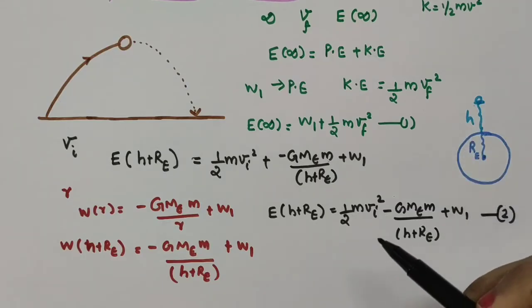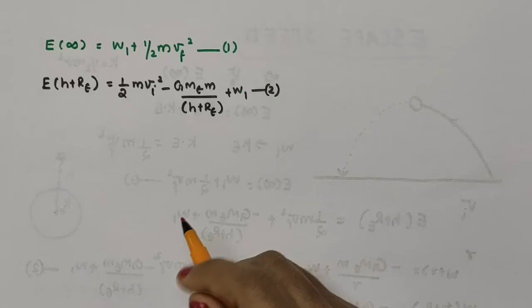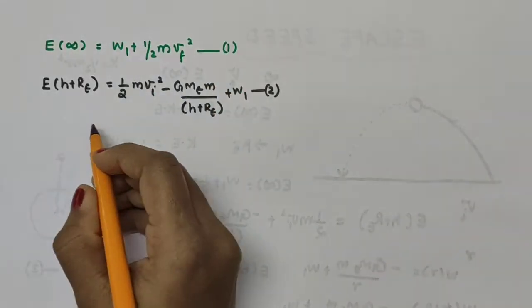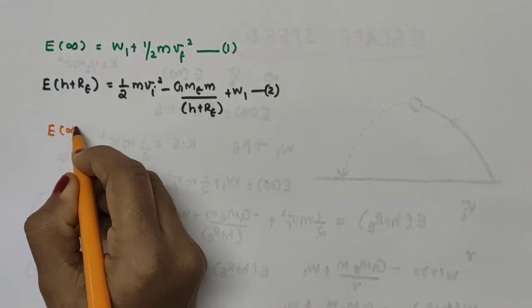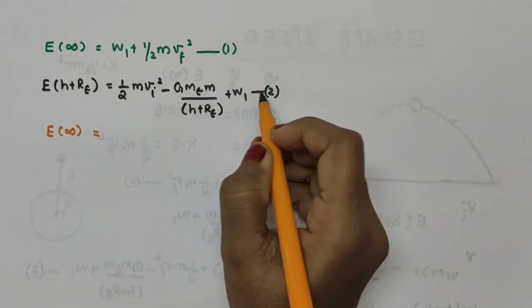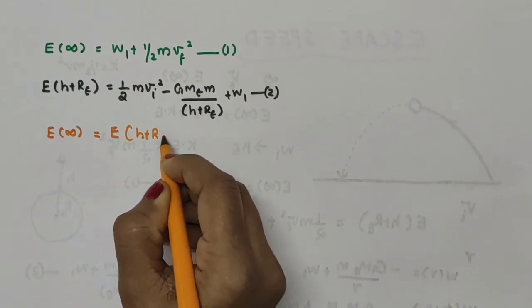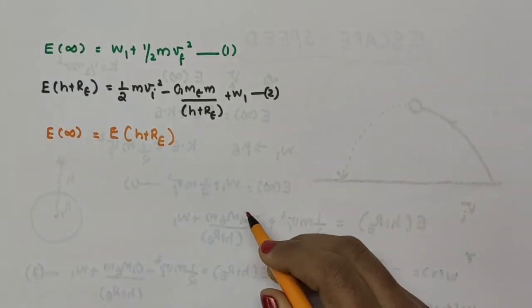So we are going to equate these two equations: equation number 1 gives us E of infinity, and equation number 2 gives us E of h plus re.